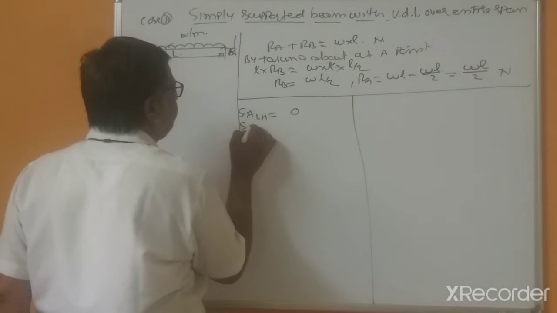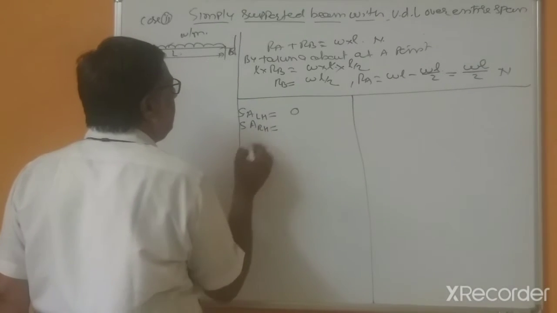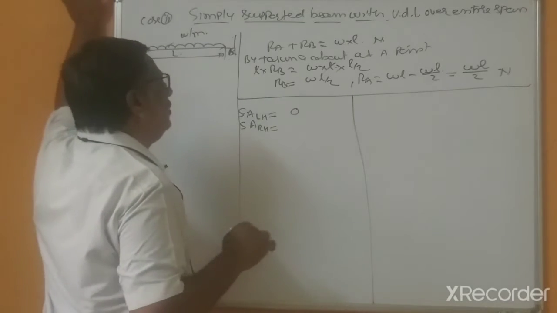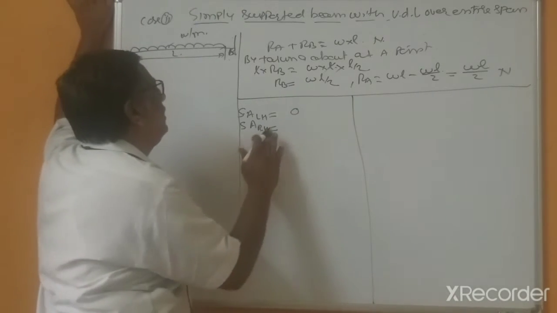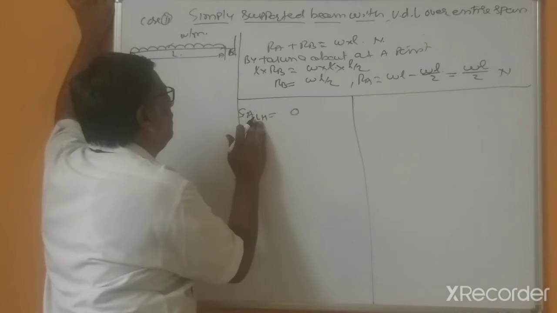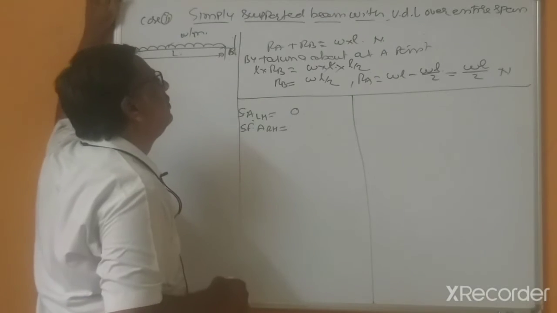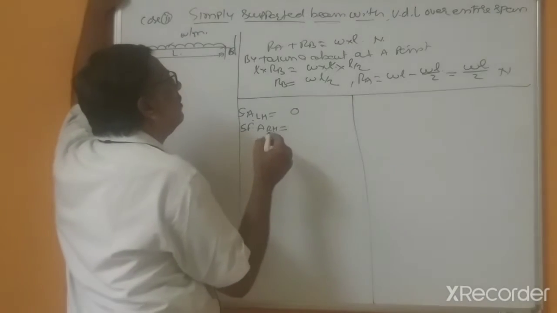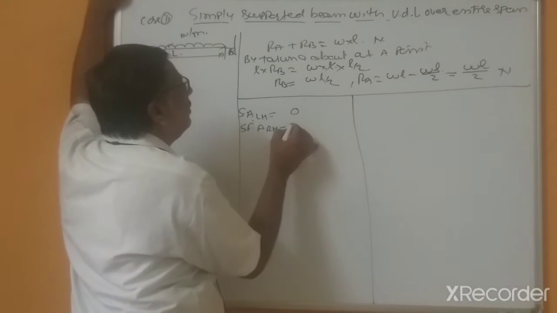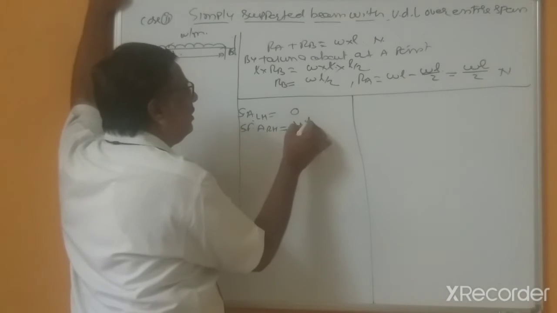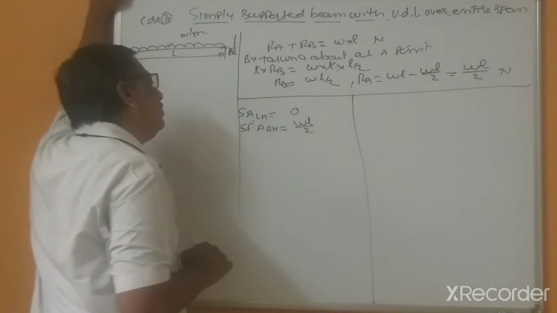At the right hand side of point A, it equals wL by 2.